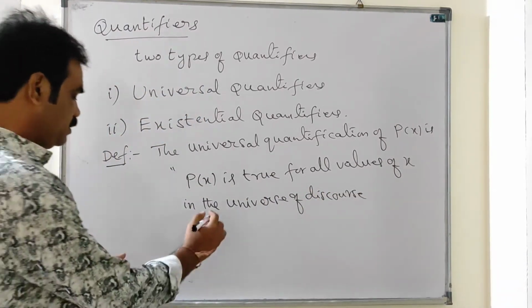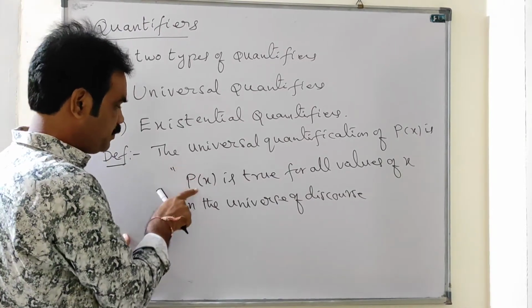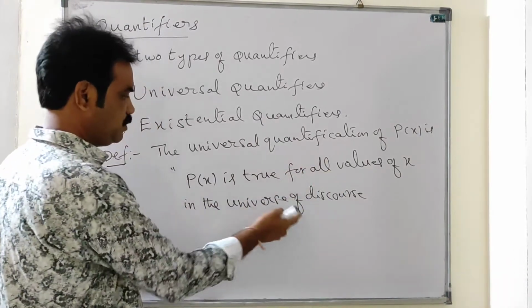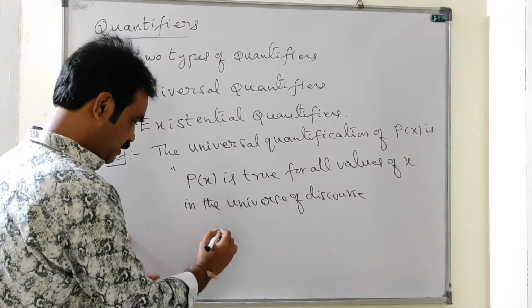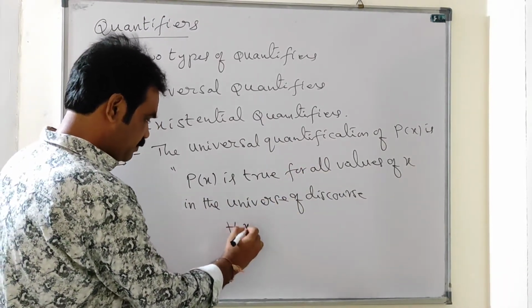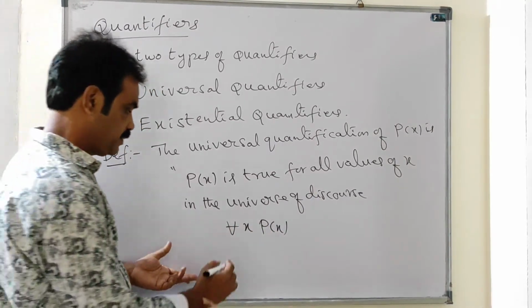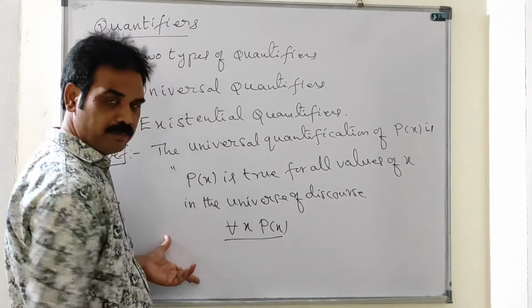Now, universal quantification: P of x is true for all values of x in the universe of discourse. We can denote this by for all x, P of x. This is the universal quantification of P of x.